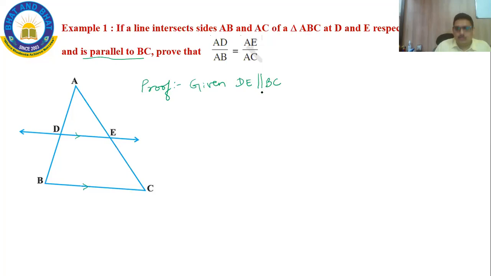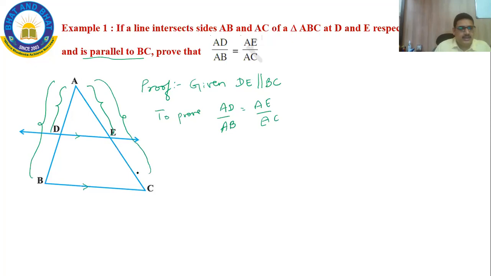And I have to prove, what is to prove? To prove AD divided by AB, this entire side, is equal to AE divided by AC, that is AE divided by this entire part AC. So this is what I have to prove.